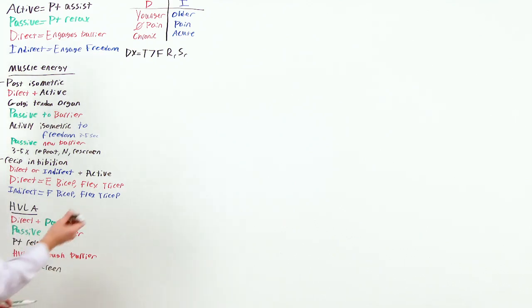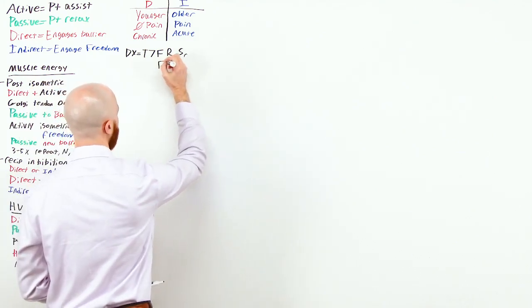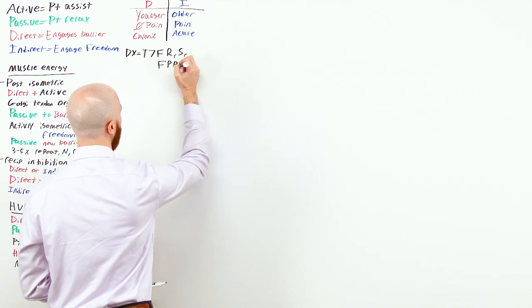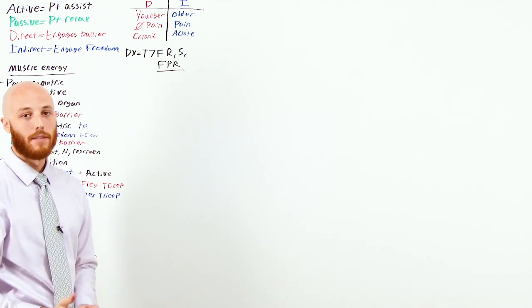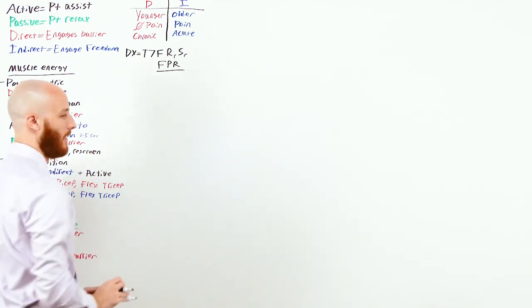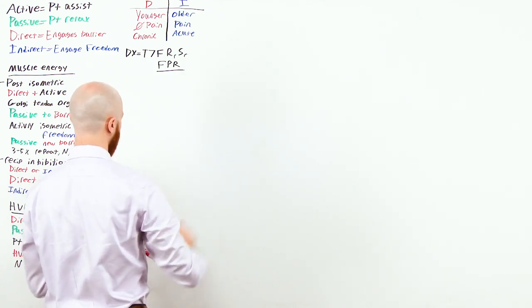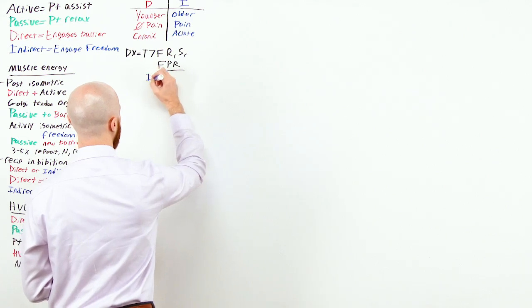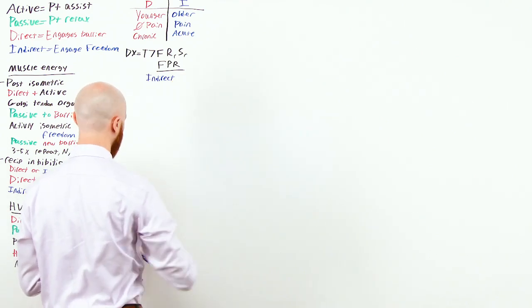So the next treatment style is facilitated positional release, or FPR. This treatment style is going to be a little bit different than muscle energy and HVLA. It's going to be indirect and passive.